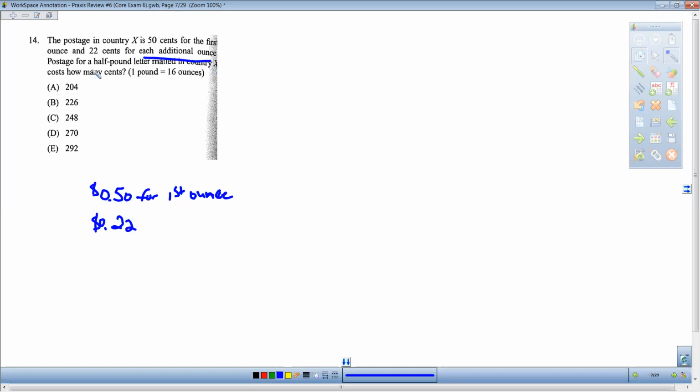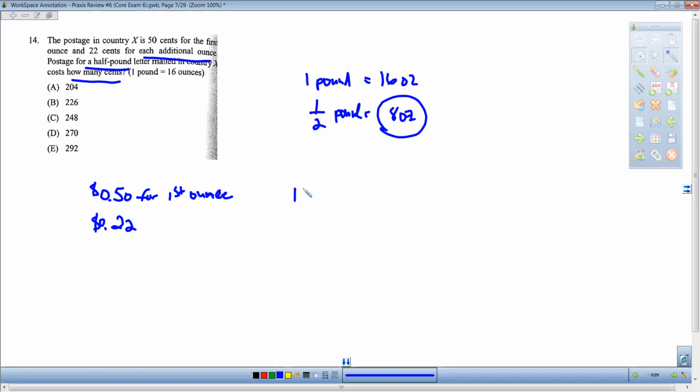And postage for a half a pound cost how many cents? So what we know is that 1 pound is equal to 16 ounces. And so half a pound is going to equal 8 ounces. So it wants to know how much for half a pound. So we're only dealing with 8 ounces here.